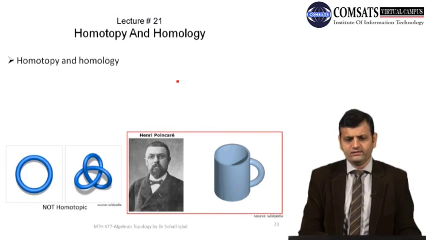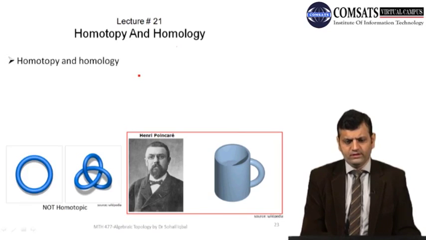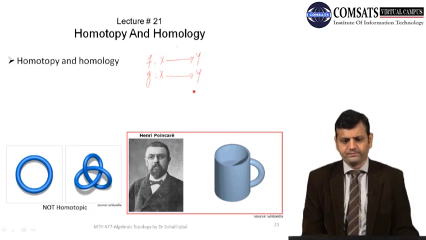Moving on to lecture number 21, we discussed what is the relationship between homotopy and homology. So for example, we discussed that if there are two maps between topological spaces x and y, and let f be one map and g be another map.